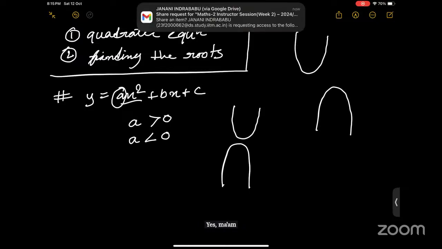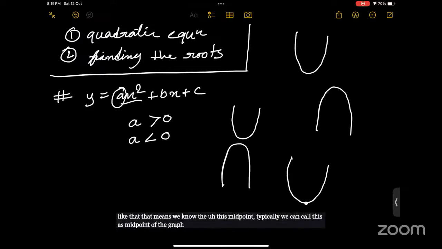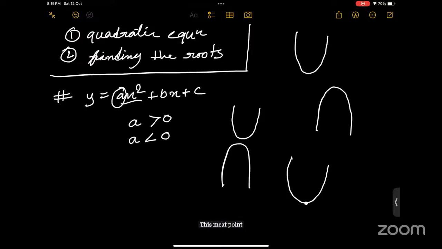So if we have a parabola like that, we know this midpoint. Typically, we can call this the midpoint of the graph. This midpoint is called the vertex of the parabola, right? And the line which passes through the midpoint is called the axis of symmetry of the parabola, right?